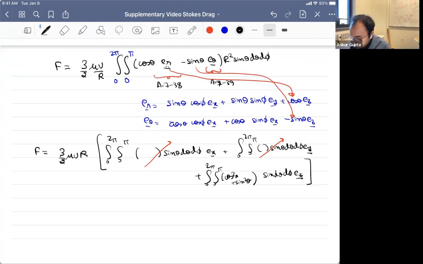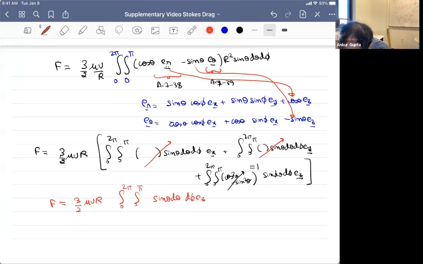Okay. And then this is equal to obviously 1. And so you get F is equal to 3 by 2 mu u r, integral 0 to 2 pi, 0 to pi of sine theta d phi e_z.